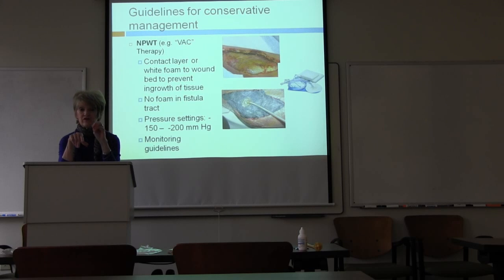Okay, so I've gotten it down from 1,600 cc's a day to 800 cc's a day. That means I'm pulling the edges of the defect together and reducing the volume of output. Now if I can add negative pressure wound therapy and I take it from 800 to 300 a day, should I continue? Yes, that's a significant reduction. But if I take it from 800 to 600 a day, that's not a significant reduction, and then you have to really rethink, is this valid therapy?